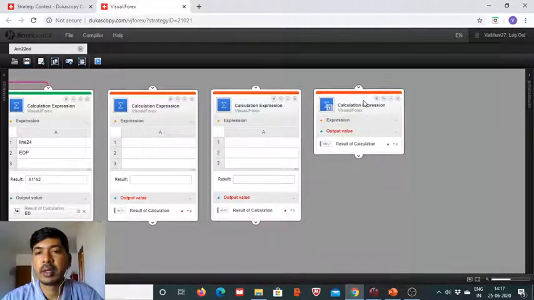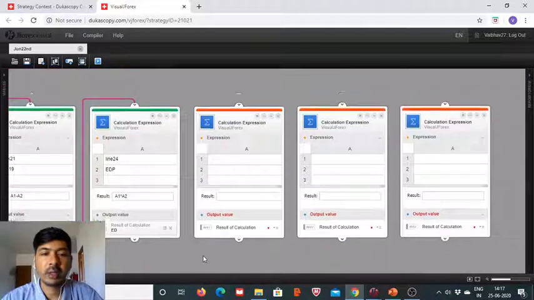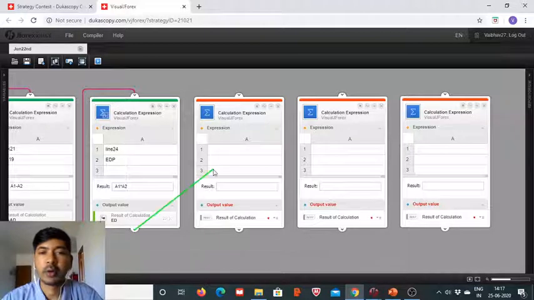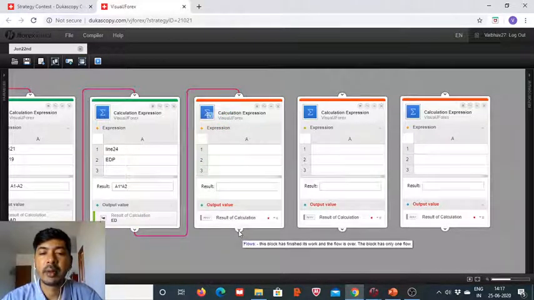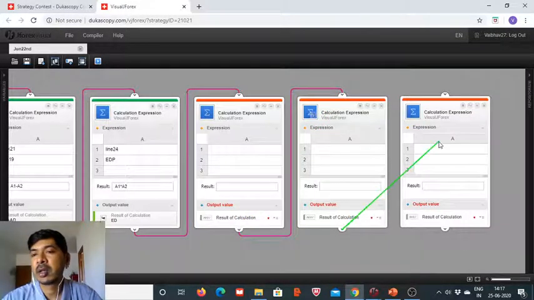So here we have to get this calculation done, and then we can start building onto it and add the requirements, the conditions for the buy side trade first and then the sell side trade.